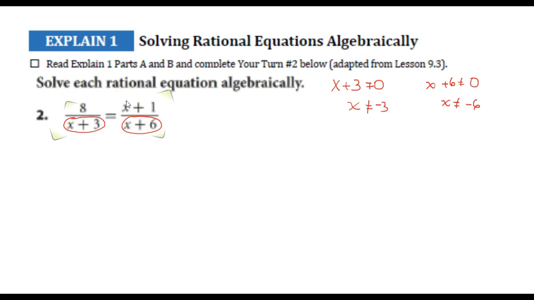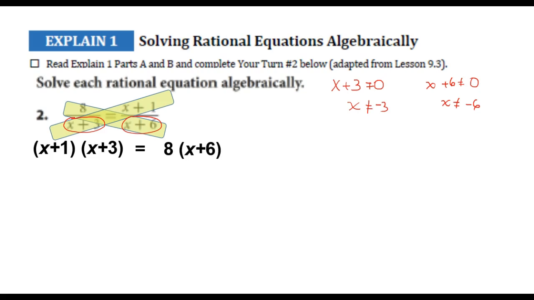So first things first, we're going to go ahead and cross multiply. We're going to cross multiply x plus 1 times x plus 3 and 8 times x plus 6. If you need to pause, go ahead and work that out before I show you. Pause now. Alright, unpause, and that would be x squared plus 4x plus 3, and that would be 8x plus 48.